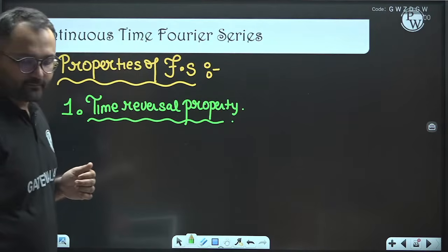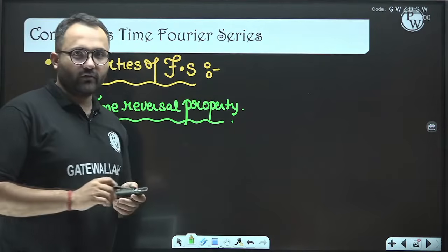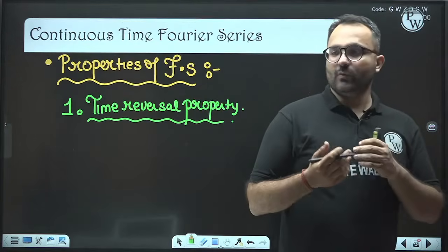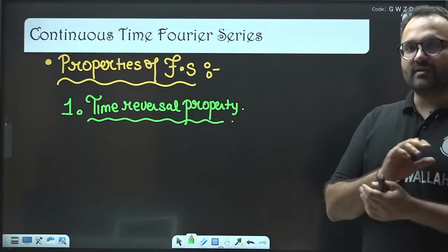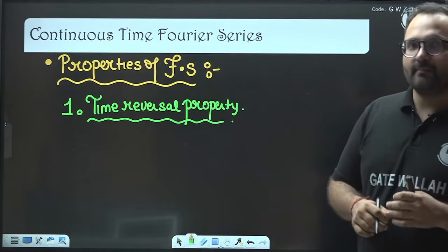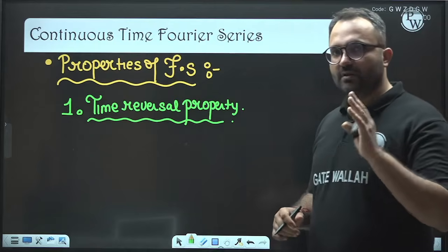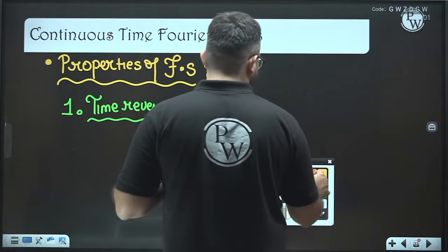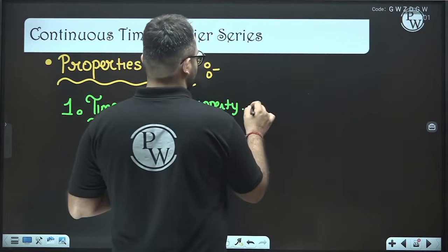What is the time reversal property? First of all, let us say if we have any signal x(t) and we reverse it in the time domain, then obviously the period will not change, right? If we reverse any periodic signal with respect to time, its period will not change.